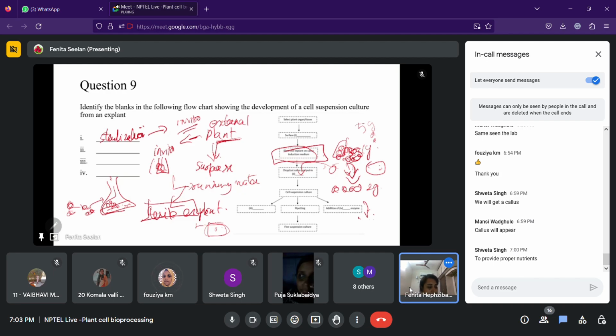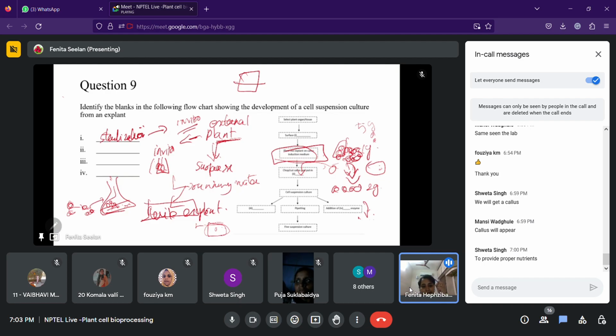Okay, so say for example, you would have come across compact callus and friable callus, right? Have you come across that? Yes. So compact callus will be stiff. It needs to be cut because otherwise you cannot separate them into pieces.